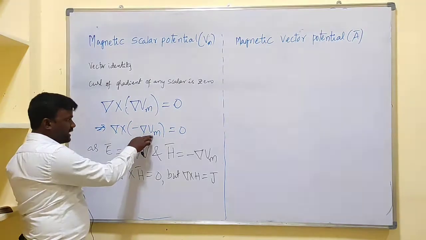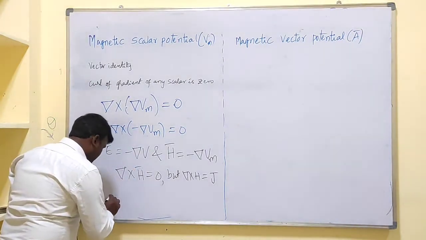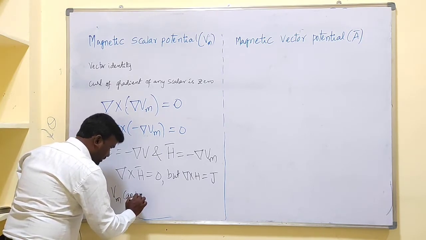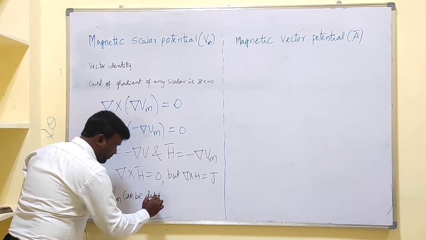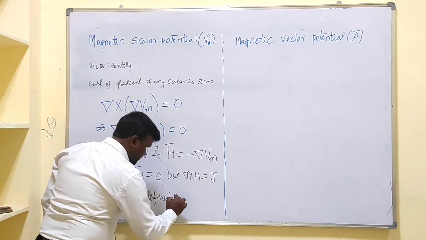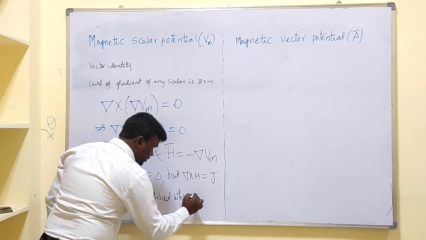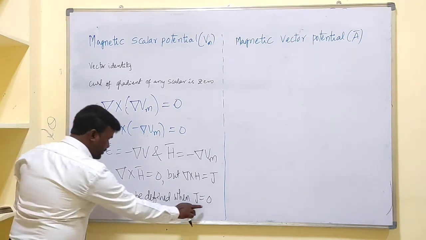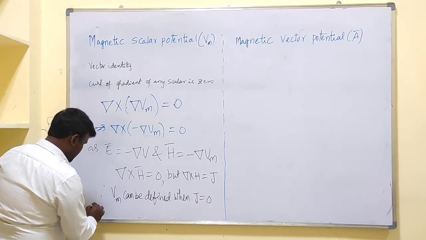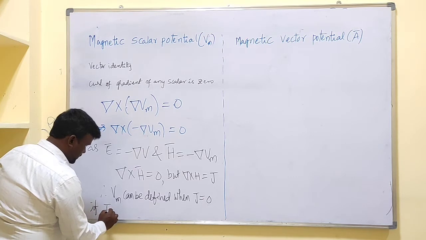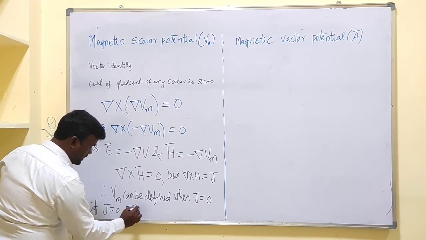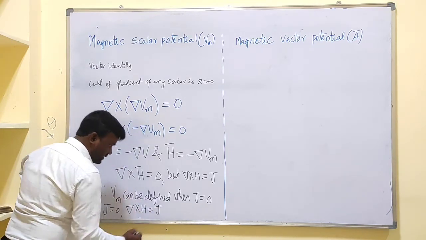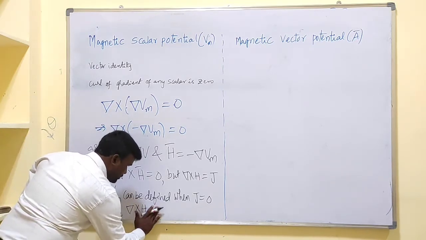That means this magnetic scalar potential Vm can be defined only when J equals 0. If J equals 0, del cross H equals J equals 0.